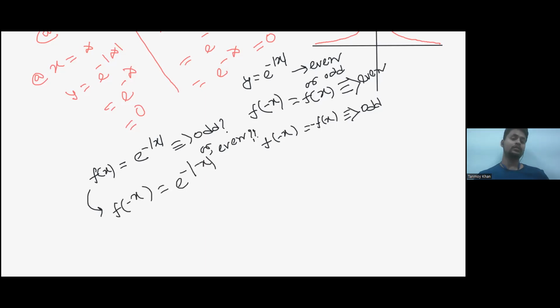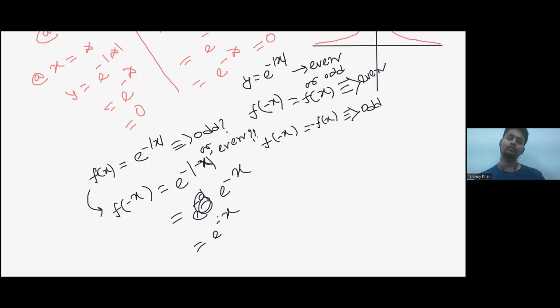Minus x: if it is minus, it will come as positive, and if it is positive, it will come as positive. So it will be e to the power minus x squared.